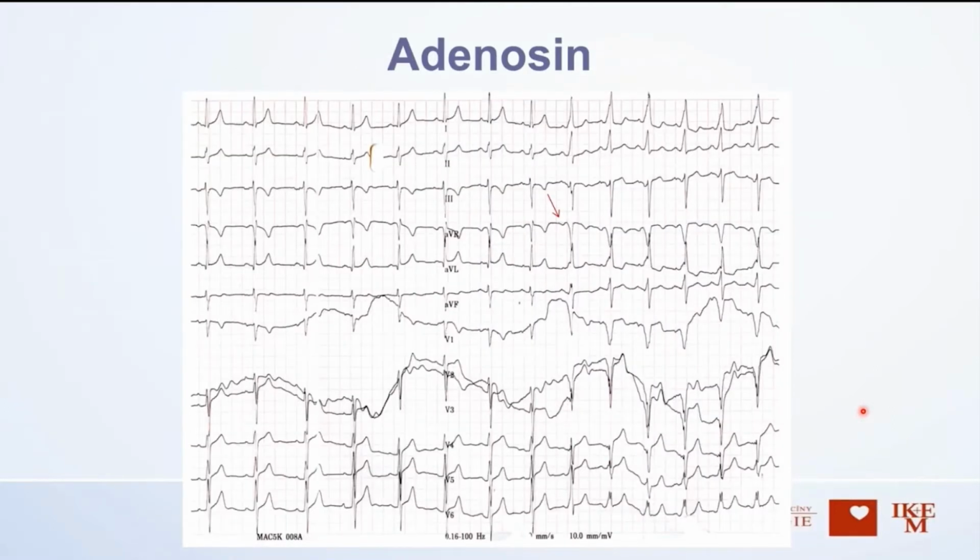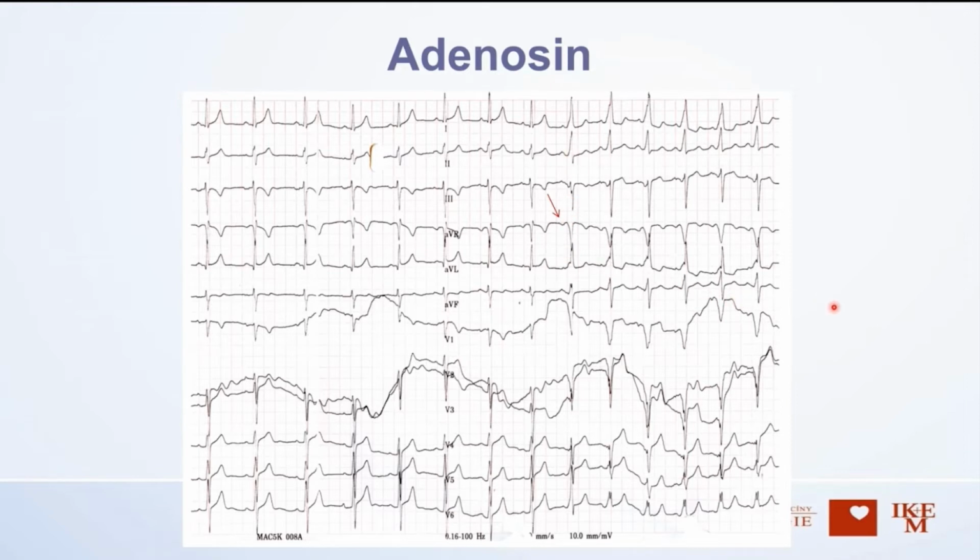The other option is to give adenosine. This is displayed here, where you can see a normal QRS, and suddenly the QRS gets wider, and there are these pre-excited QRSs that occurred. It doesn't lead to complete AV block, because there is a parahisian accessory pathway, as was in this case.